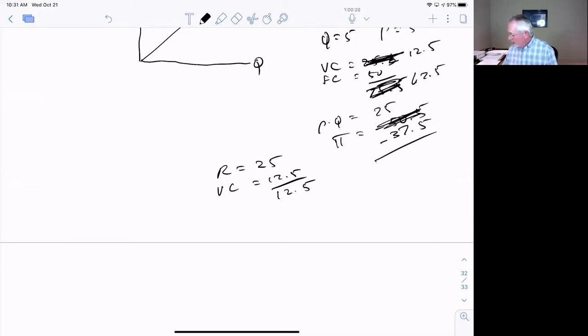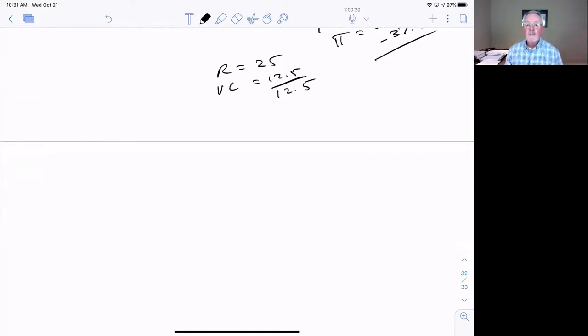Now, I'll let you guys read changes in input prices. I don't want to talk about the short run versus long run right now, but we will talk about that when we get to chapter 14.